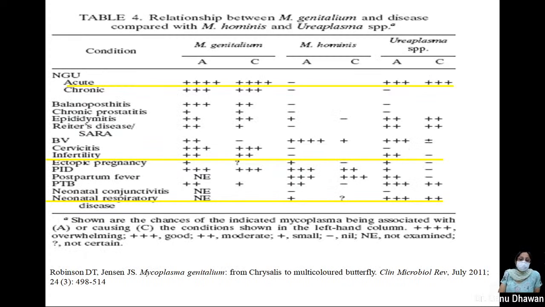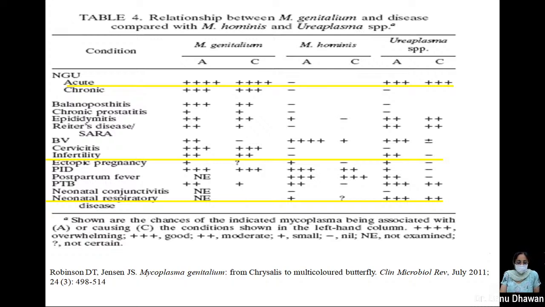Now, this table shows us the relationship between these organisms and disease. This is the problem for why all these associations had to be developed, because, especially in the case of Ureaplasma and M. hominis, they are also found as normal commensals of the genital tract. The first condition is non-gonococcal urethritis, for which a strong association has been shown.